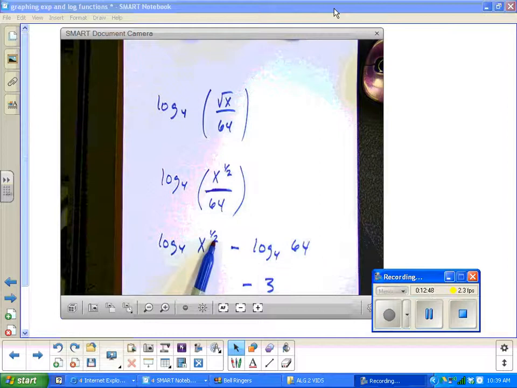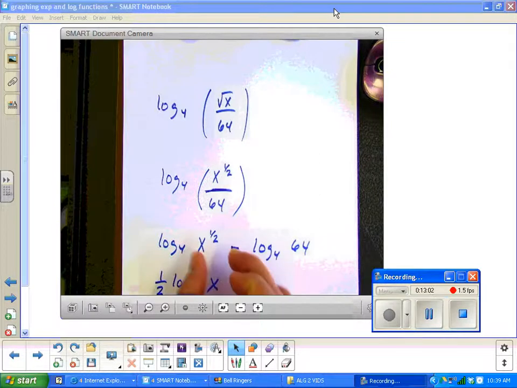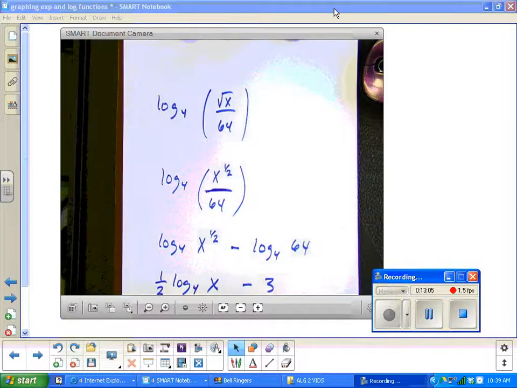What's the power property say? We can take this power and move it to the front, and now it's going to multiply. So you get 1/2 log base 4 of x. See, what are we doing? We're trying to expand it, right? So that's going to make it long. Anything that we can evaluate, we're going to try to do that too.